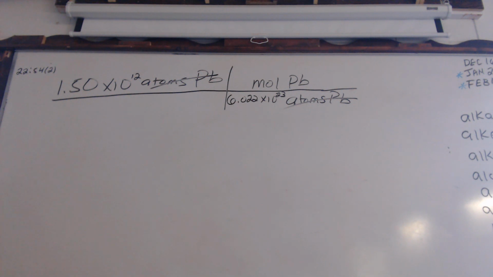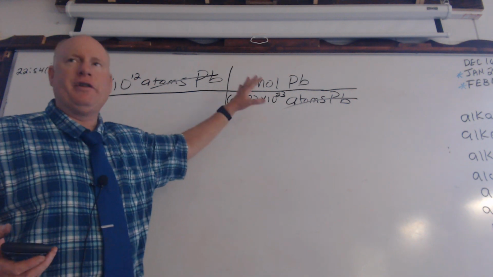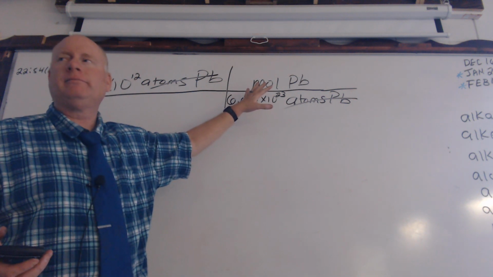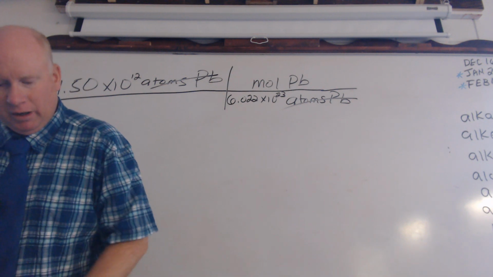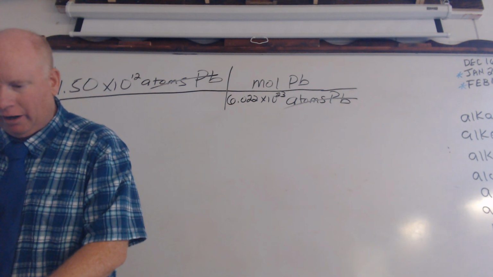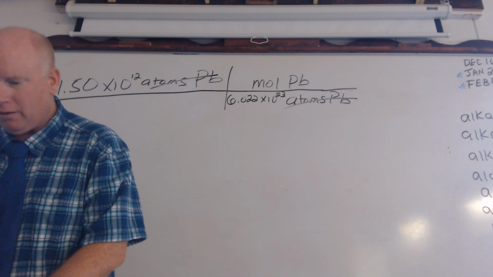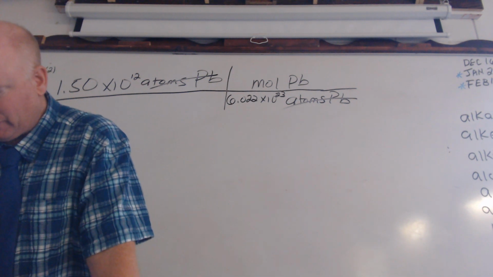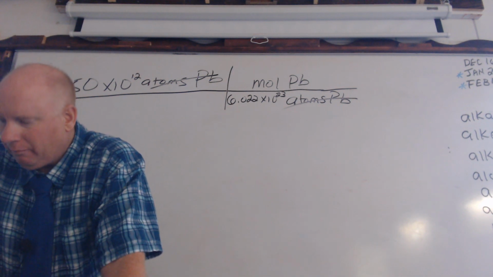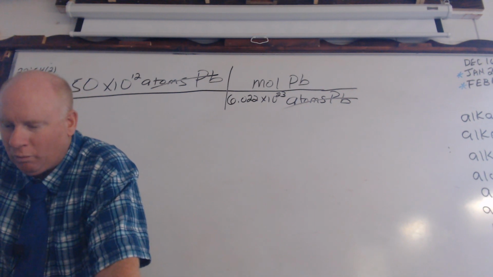More practice. One more, where we're going the other direction. So if we are going to go back in the other direction, and actually add a 3-step problem. Page 87, practice problem number 1.